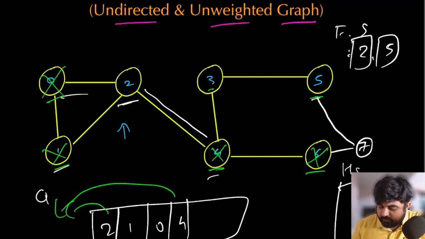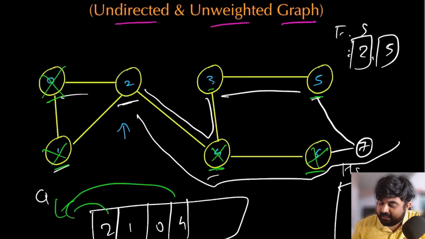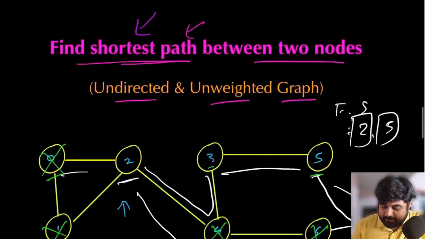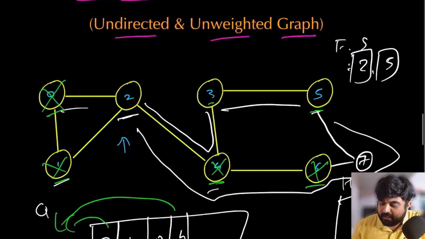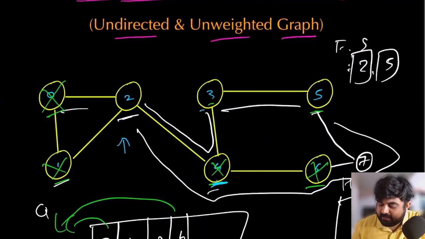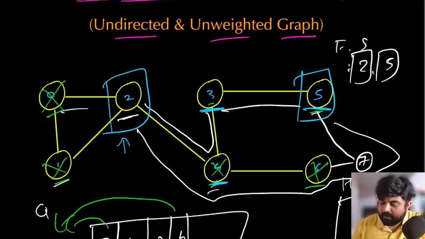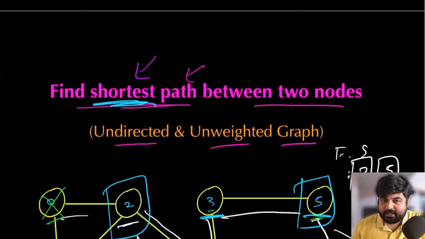First path is 2, 4, 3, and 5. Second path is 2, 4, 6, 7, and 5. But in both the cases we need to find the shortest path, and that is quite simple to find. We would only check how many neighbor jumps or hops we need to take in order to reach from value number 2 to value number 5, and this would give us the shortest path.